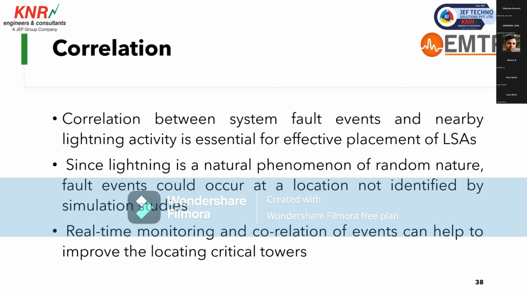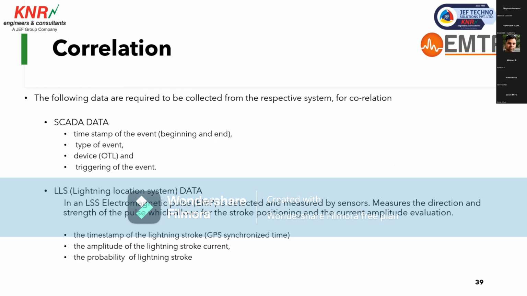There could still be faults even after our analysis in locations we haven't identified. To fill this gap, we need real-time monitoring and correlation. We need several recorded data sets to correlate with events that occurred in nearby lightning activity, to match the events and select the vulnerable spots. This can be done using these methods.